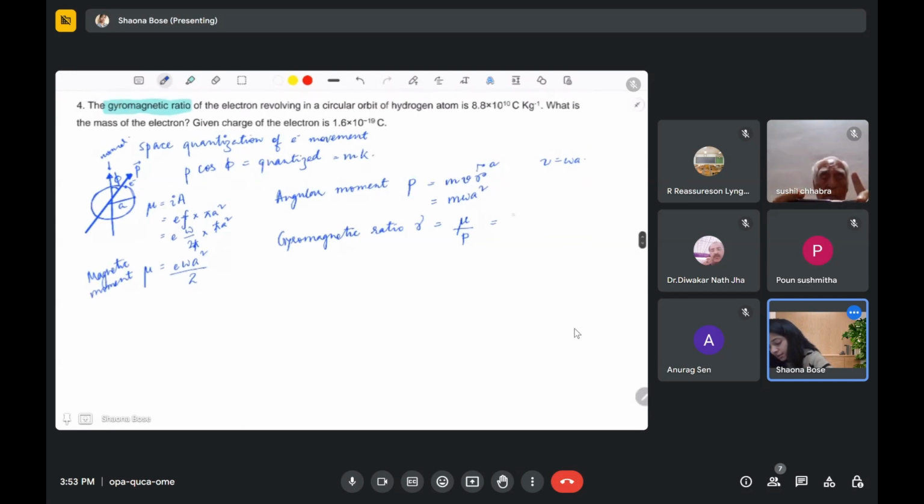So if you just divide these, you will get all these cancel out, e by 2m, okay, which is our gyromagnetic ratio.